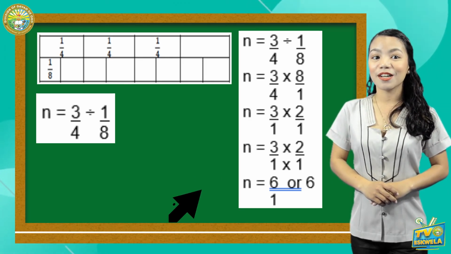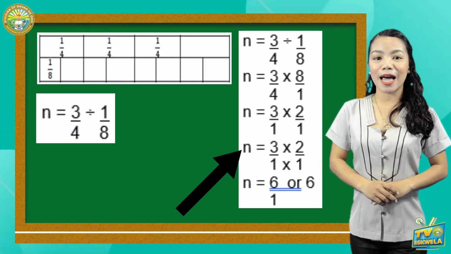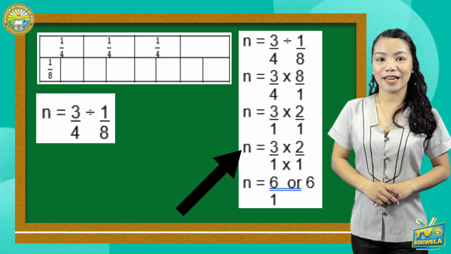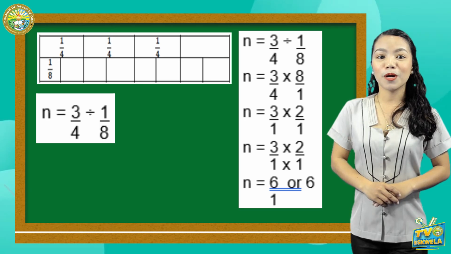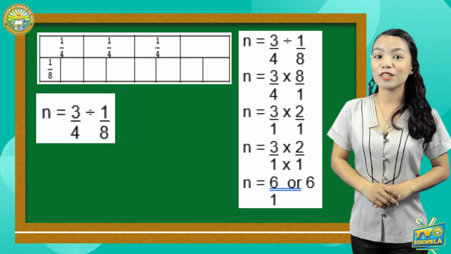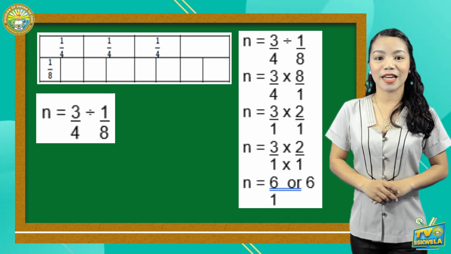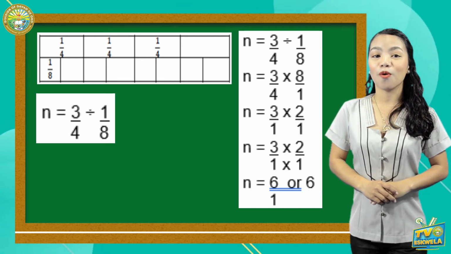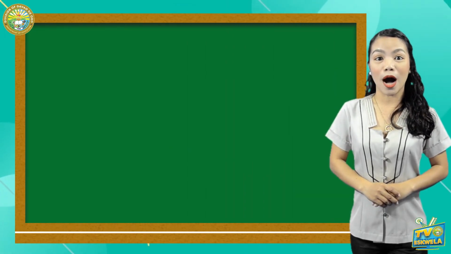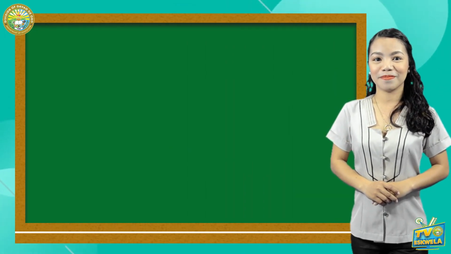That is, 3 multiplied by 2 is 6, and 1 multiplied by 1 is 1. Therefore, the product is 6 over 1 or 6. Let's have one more example.